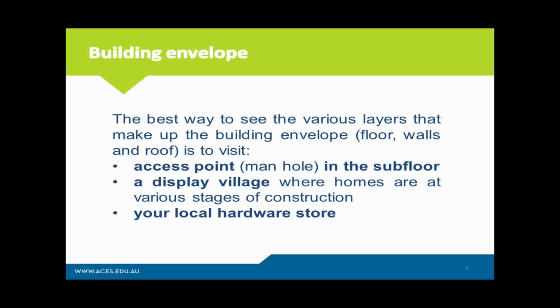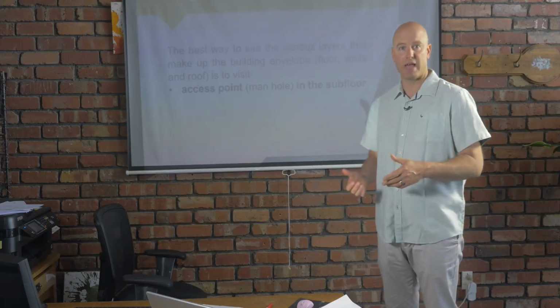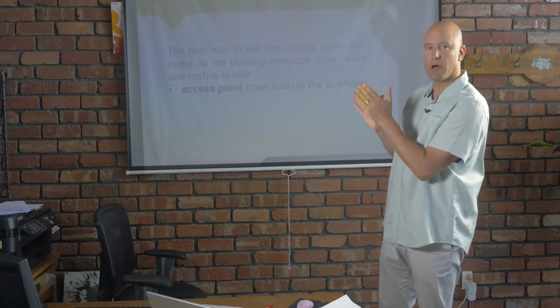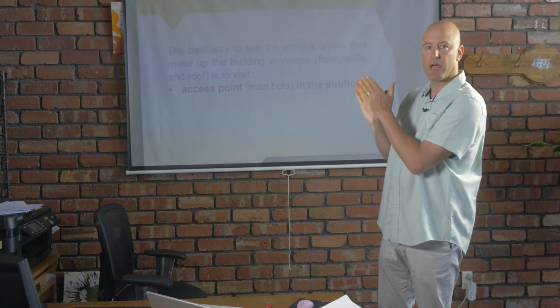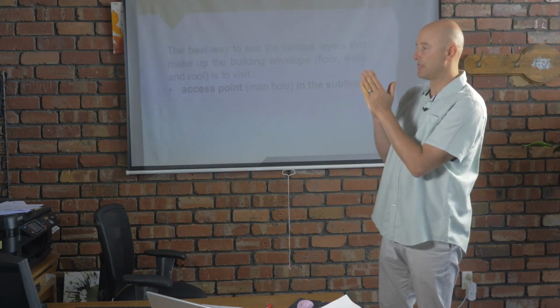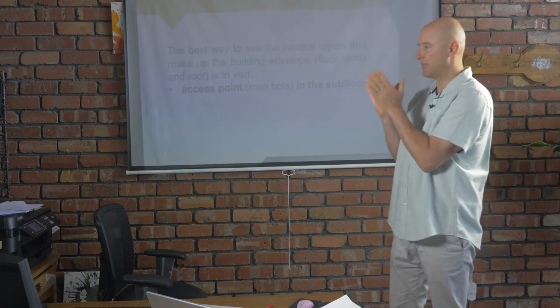The best way to see the various layers that make up the building envelope, floors, walls and roof, is to visit the access point, or what's generally called the manhole in the subfloor. So where you access the subfloor and you look in under there, if it has a subfloor, it's not on a slab, then you can often just look next to the door and you'll be able to see, oh right, so it's a timber frame, there's no wrap, or there's this wrap over there, there's no insulation bats, or there is. You can see exactly.